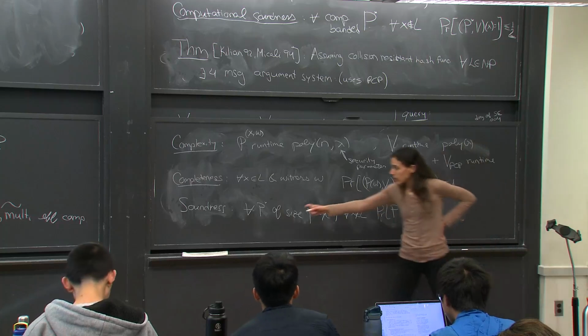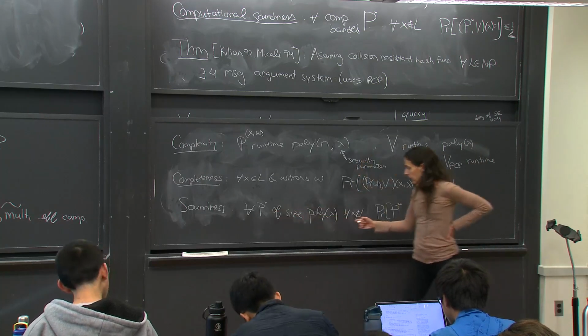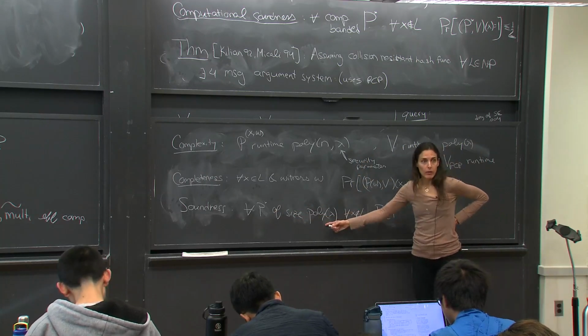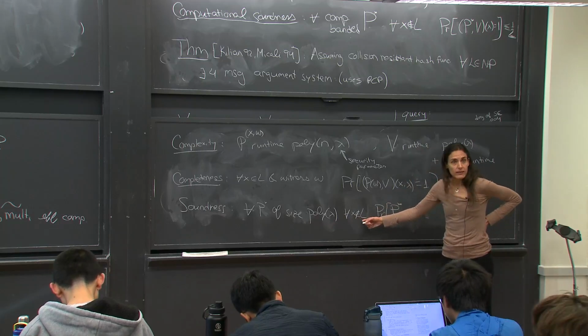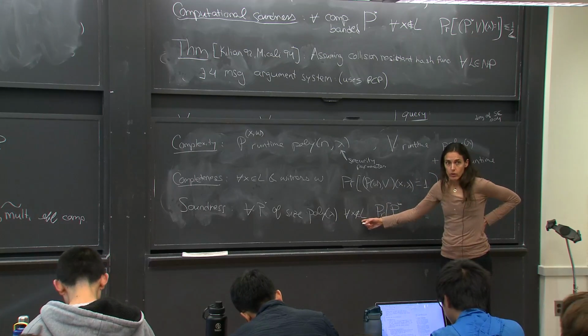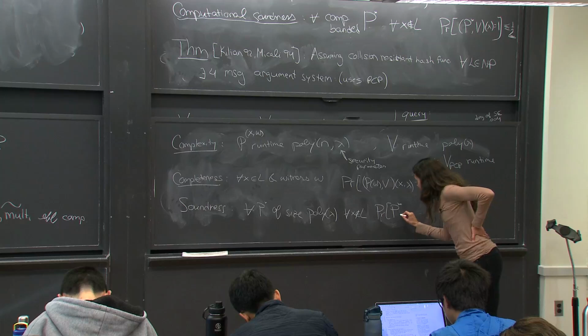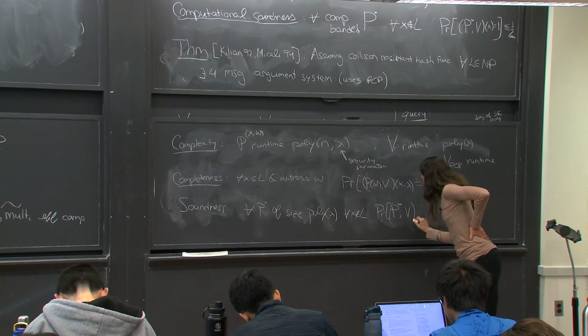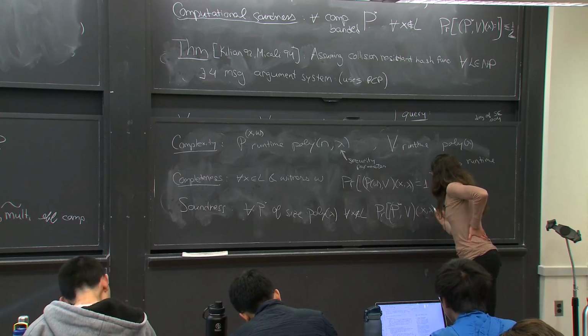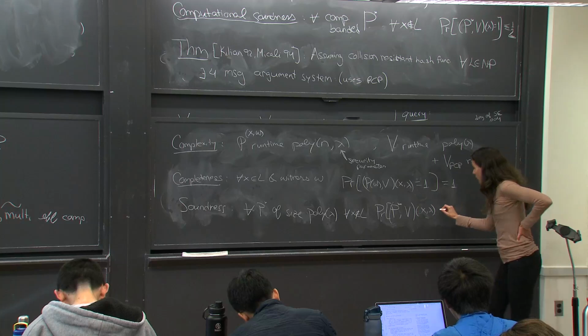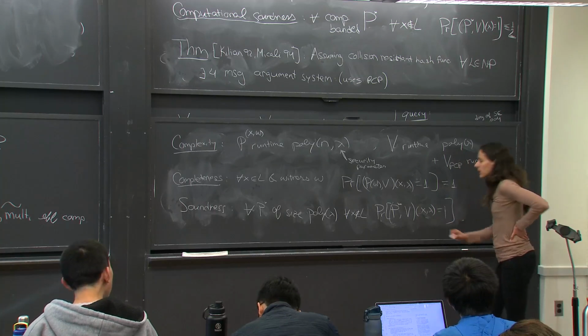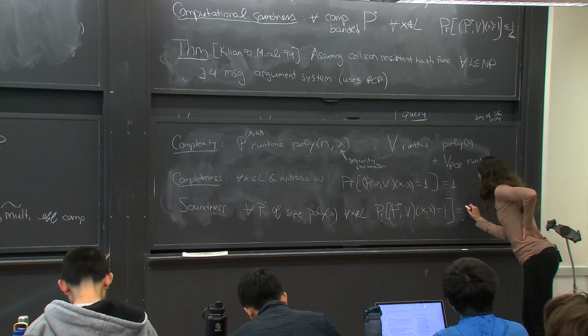For any P star that tries to cheat but is bounded, poly lambda, and for every X not in the language, the probability that the verifier outputs 1 is very small. It's negligible in lambda.